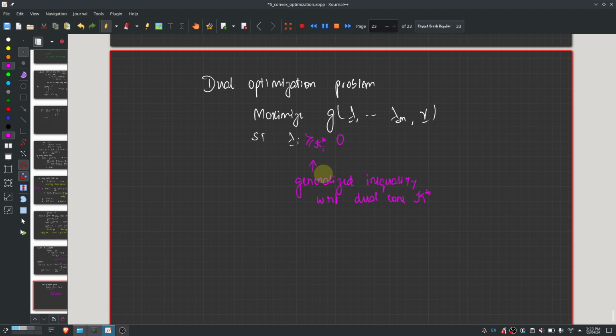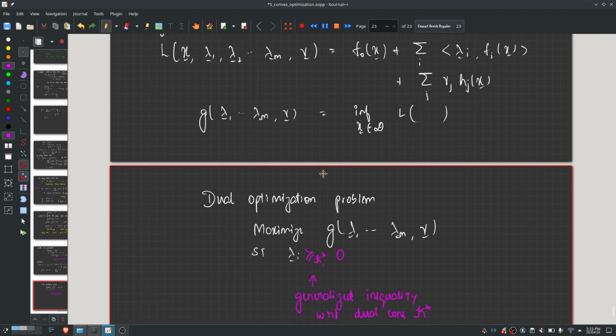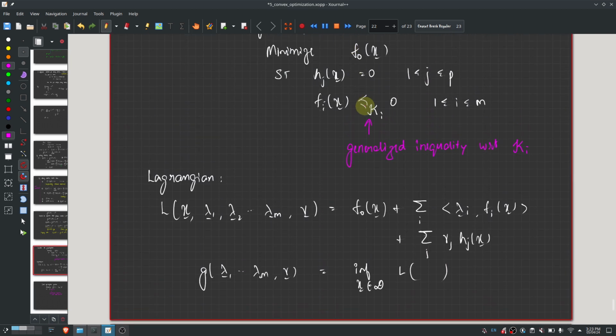Whereas in your primal optimization problem, again, you have to remember that this inequality goes the other way around, and this is with respect to the primal cone, Ki.